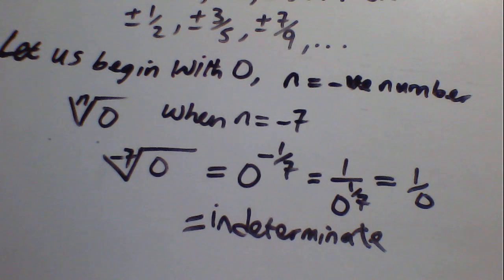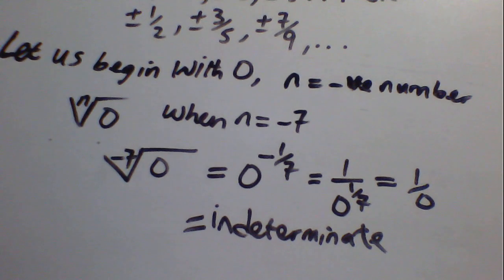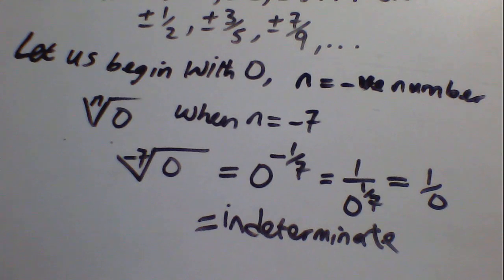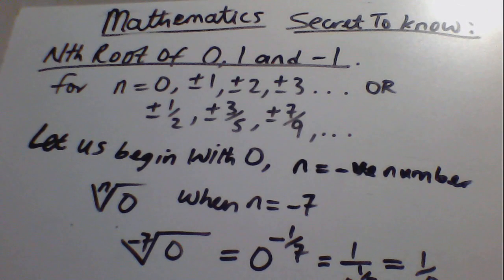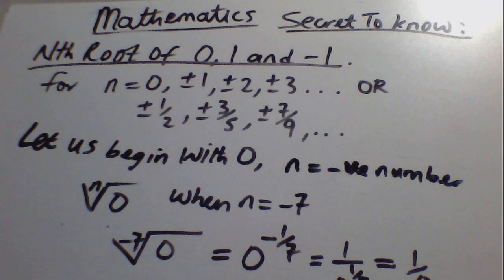When n is a negative number acting as the root of 0, we get an indeterminate result. So having understood up to this extent, let's consider the next thing we have, which is 1.